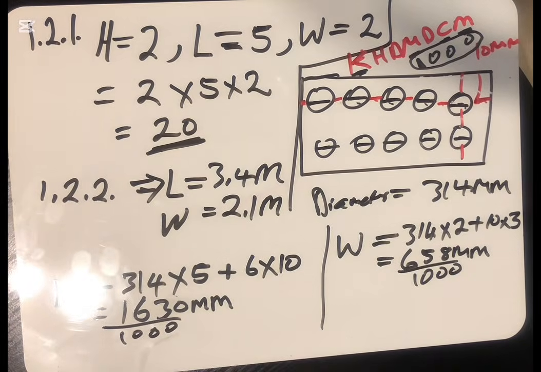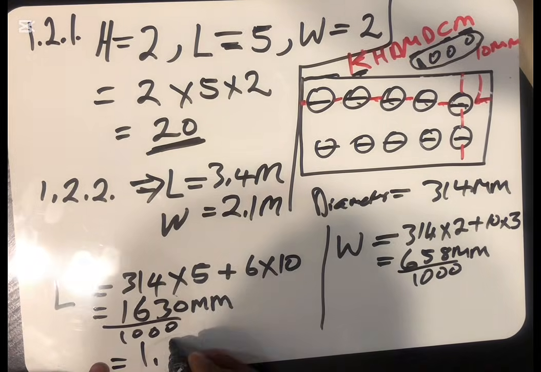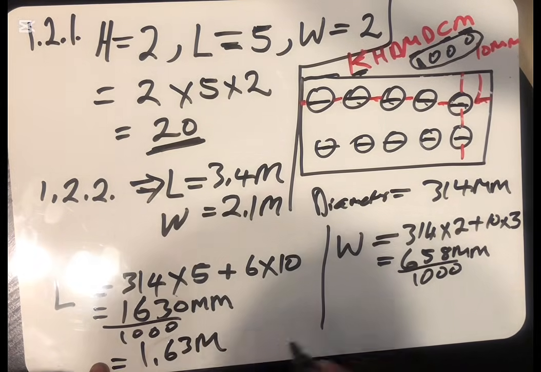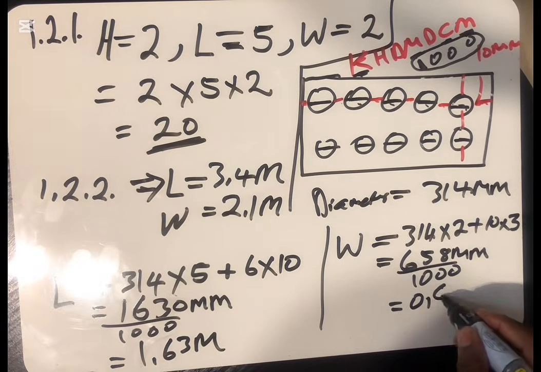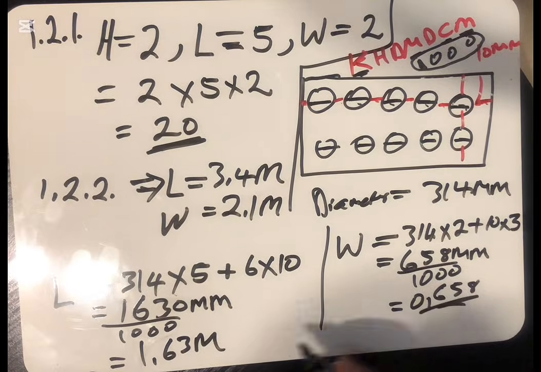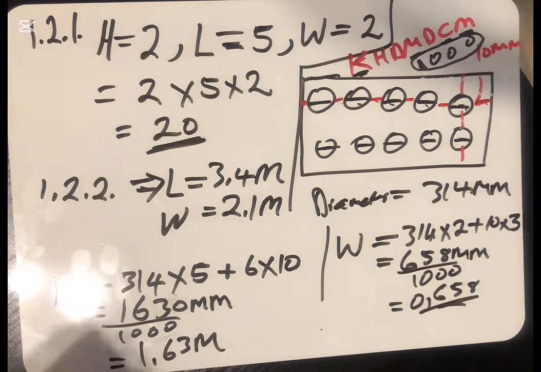So 1630 divided by 1000, the answer is 1,63 meters. We do the same on the other side. 658 divided by 1000 is 0,658. So now we finish with our calculations. Length divided by length, width divided by width.